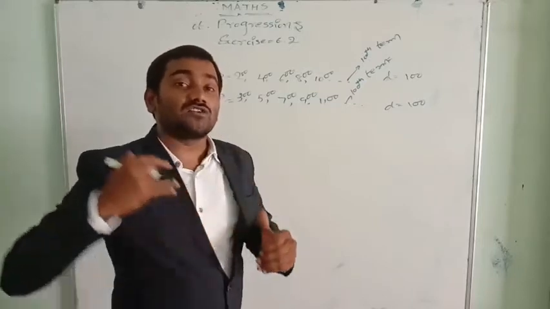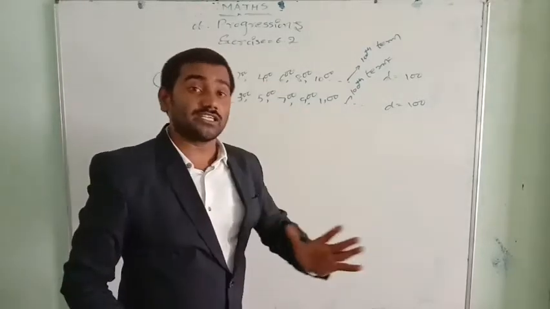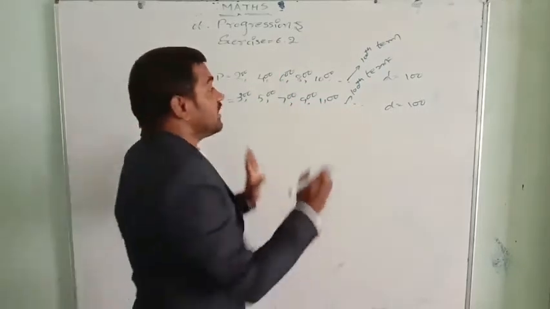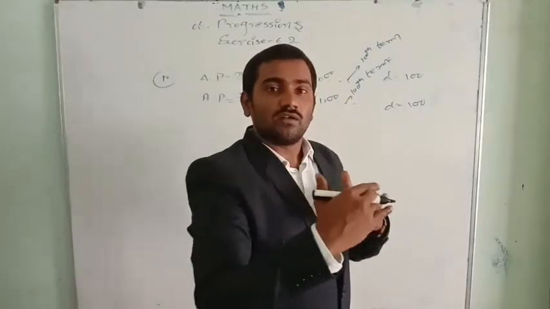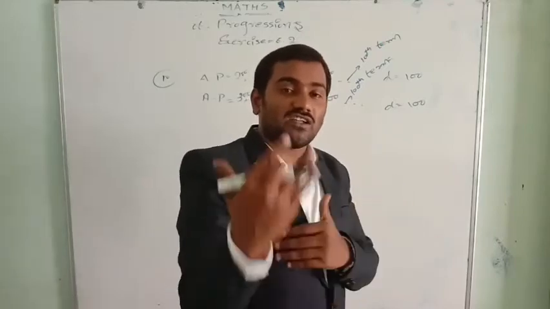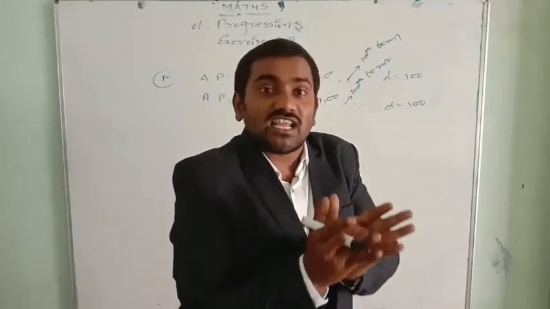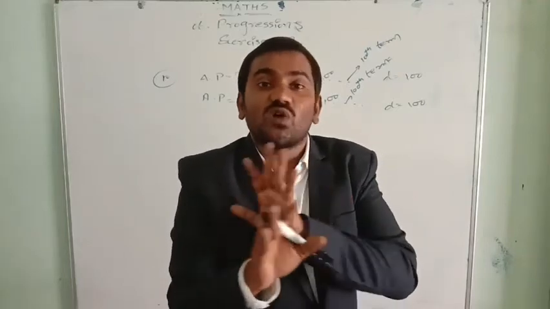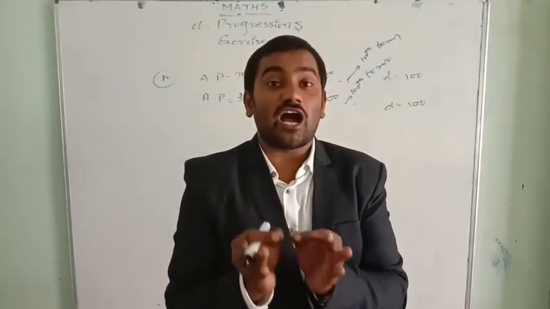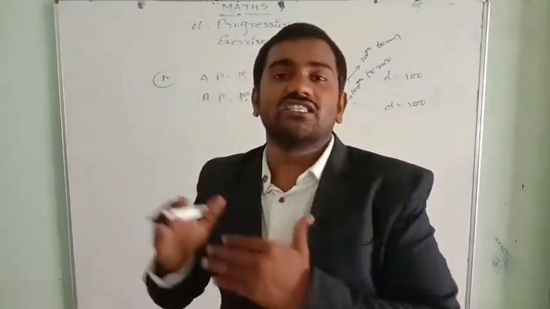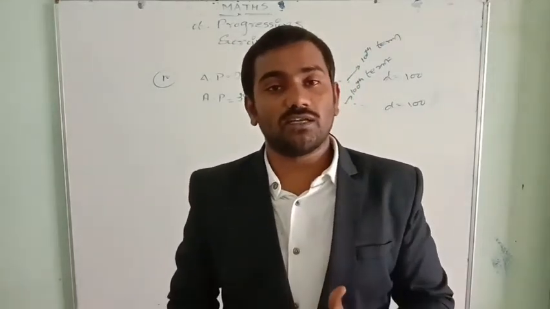Because the common difference should be the same for every term. Only then can you say these two are arithmetic progressions. If the common difference changes, like first term 2, second term 3, then 4, 5, 6, it is not considered an arithmetic progression. The common difference should be the same at every term.